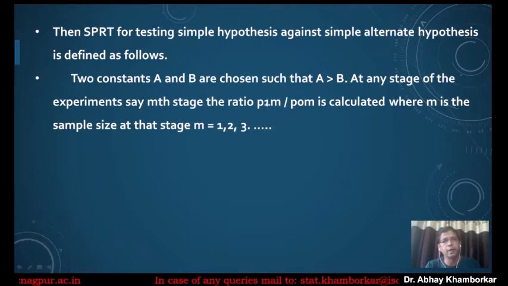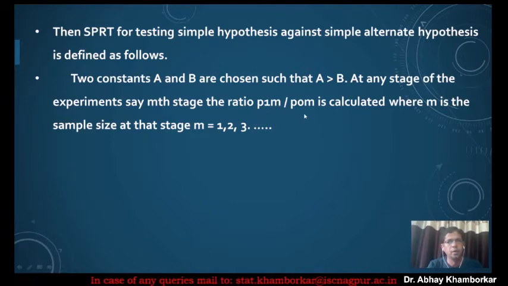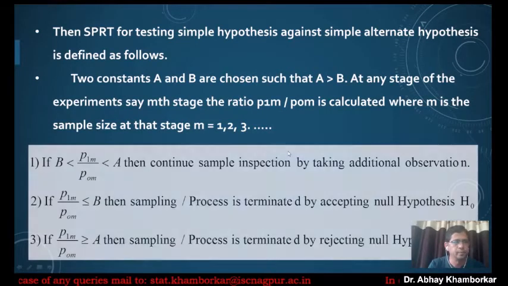So the 1 and 0 indicate that. Okay, so we calculate the ratio p1m upon p0m, where m is the sample size at that particular stage. So m will be 1, 2 and so on.